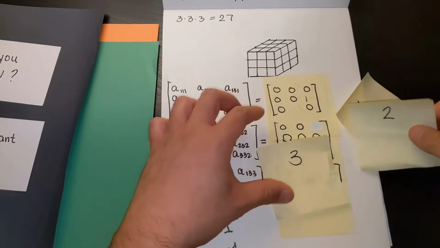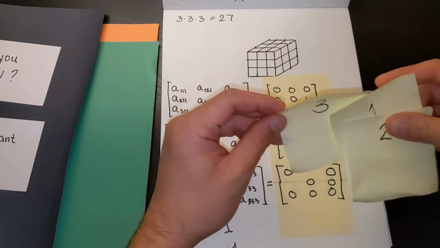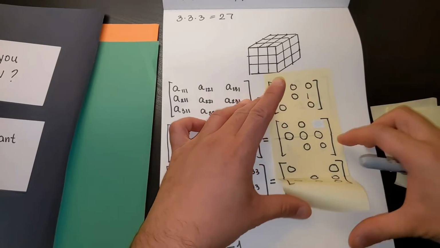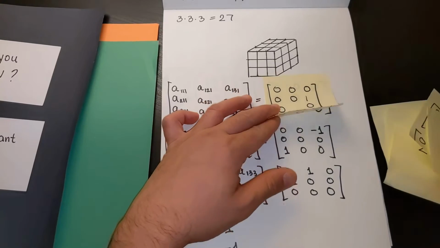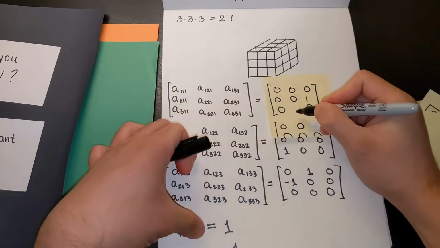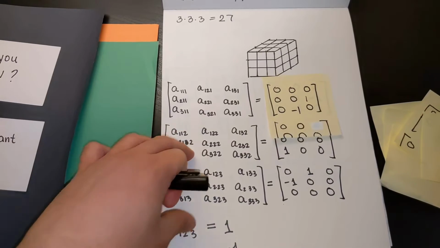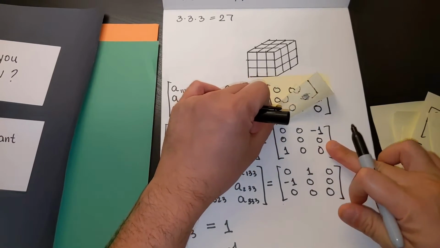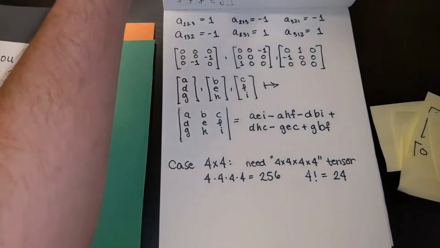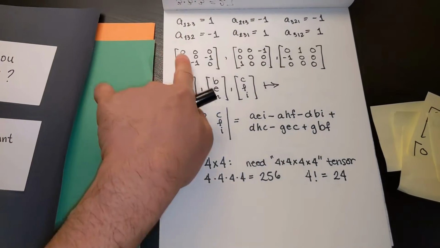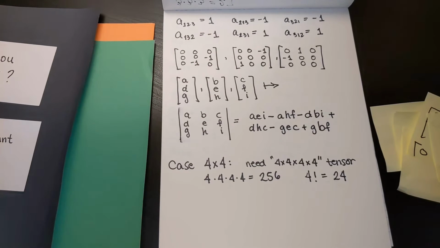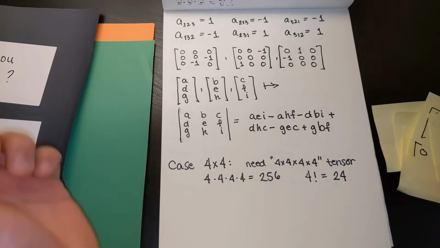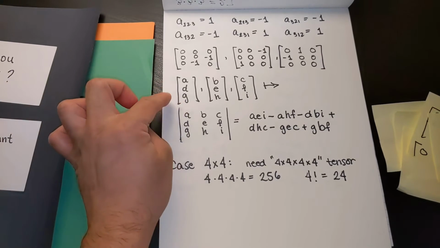So here are the results, like this and that. This one should be -1, I think. Okay, and this one is -1. Okay, so the results are here. The rest are zeros. So the determinant of a 3 by 3 matrix is this.